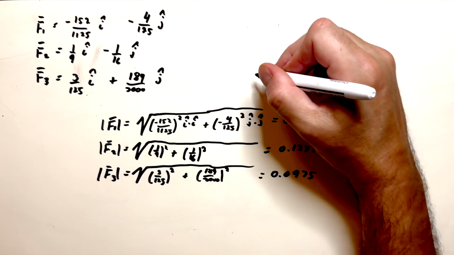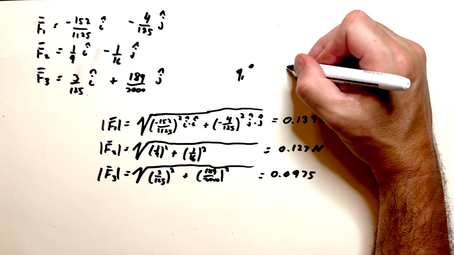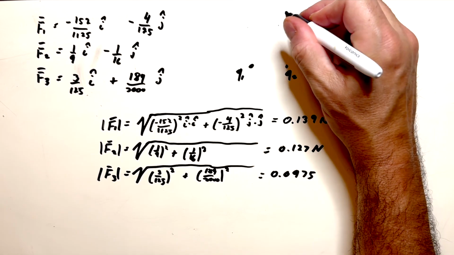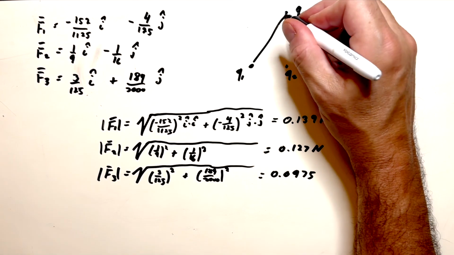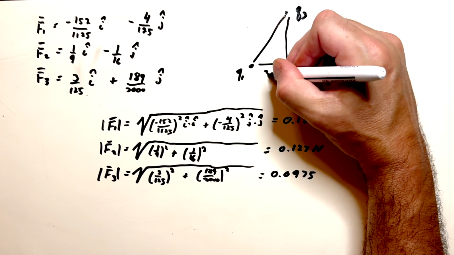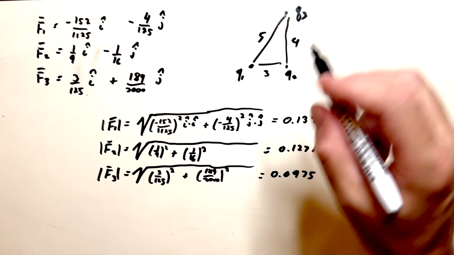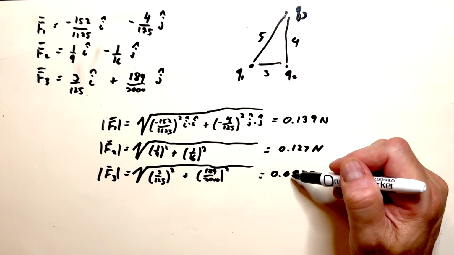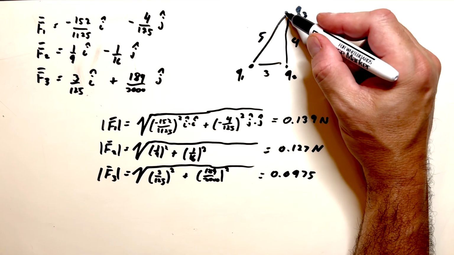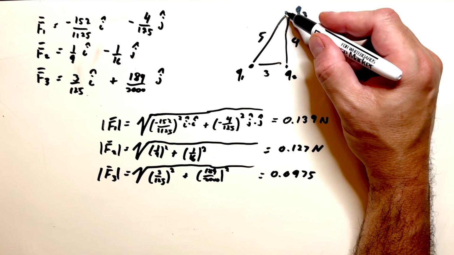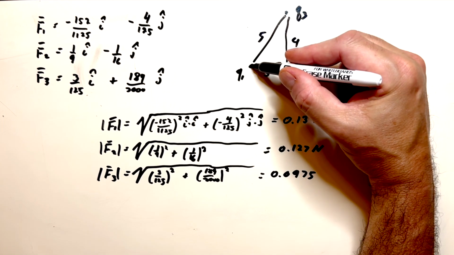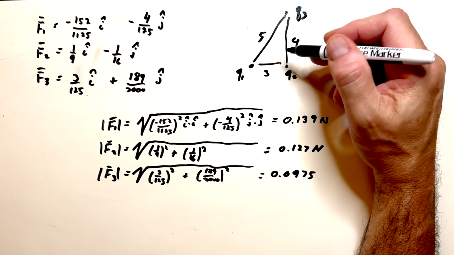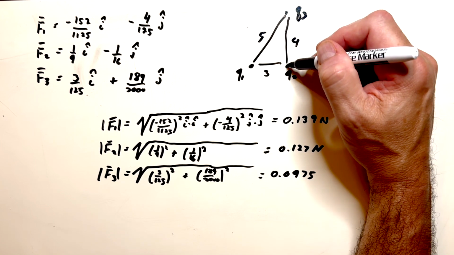Yeah, and so if we look at the original picture, we had Q1, Q2, and Q3 on this right triangle. This was 3, this was 4, this was 5. The smallest force here is F3. The force on 3 is the smallest. If we think about it, does that make sense to us? Well, it's pretty far away from charge 1, and it's relatively far away from charge 2.